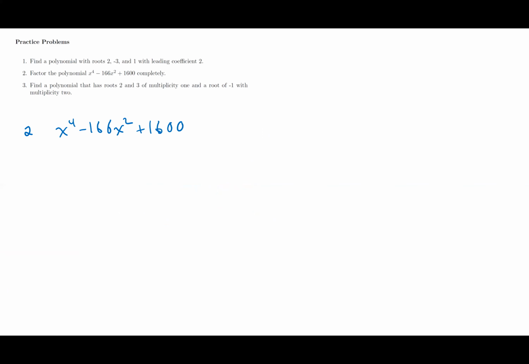Well, what I'm going to notice is that this thing sure does look quadratic in x squared. Right, x to the 4th is x squared squared. So can I figure out what could go in these spots, those constants, that would give me that polynomial? Let's try to see what we find.